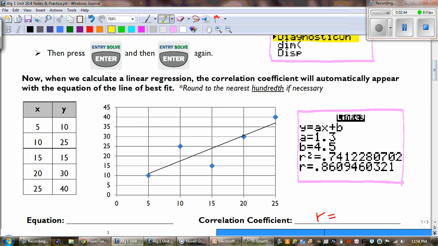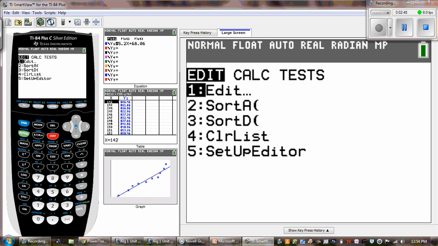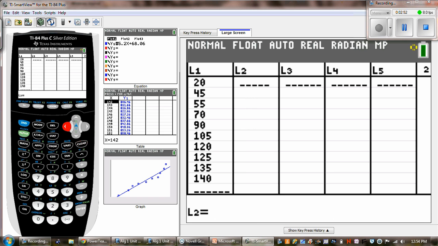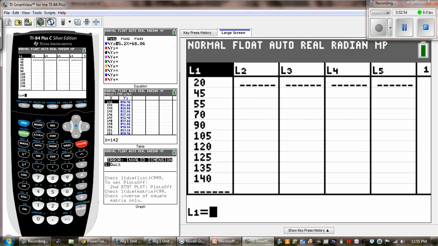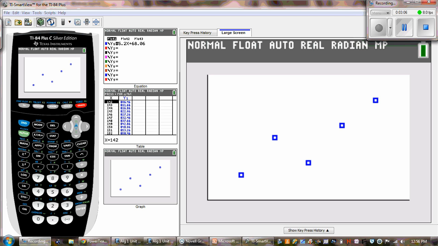I'm going to go to stat, edit. And this is where you guys can pause the video and you can do this all on your own. You can make the graph too. Okay, so here's the graph that they got.